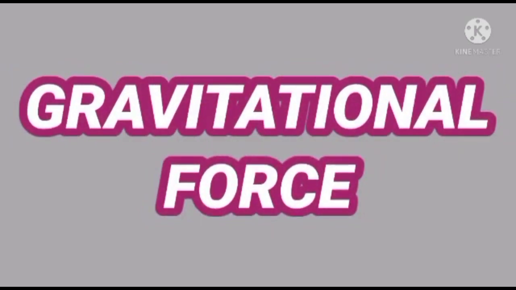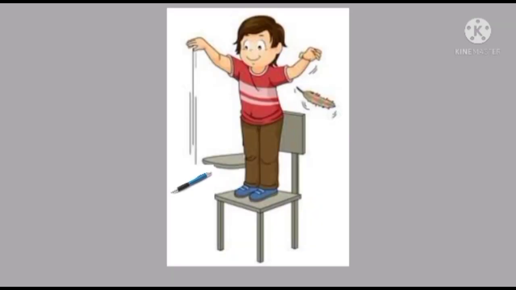Another type of non-contact force is gravitational force. It is our common experience that if a pen slips off from our hands, it falls down to the floor. Why does the pen fall down? What is the force which pulls the pen down?